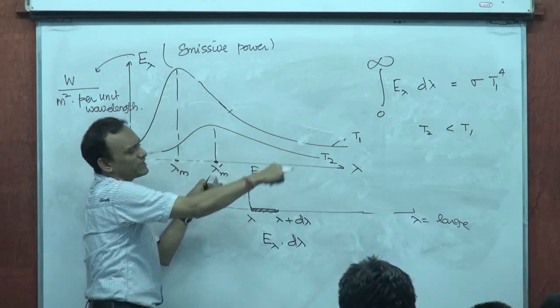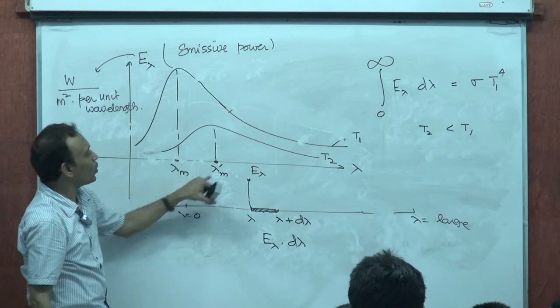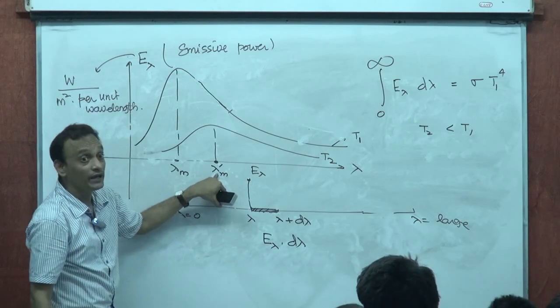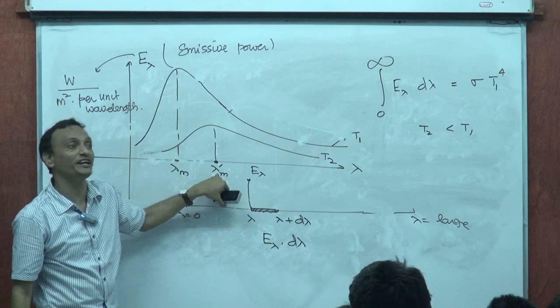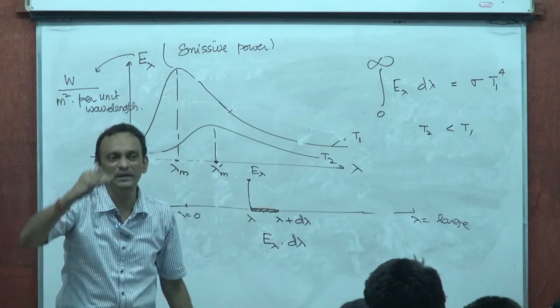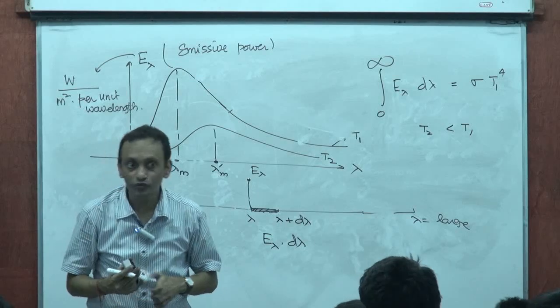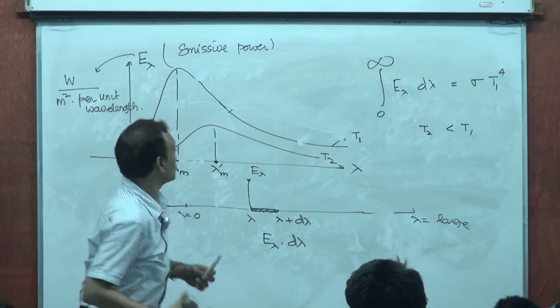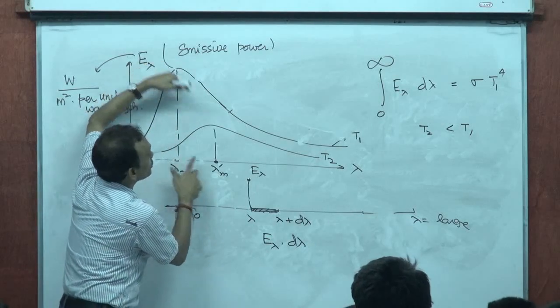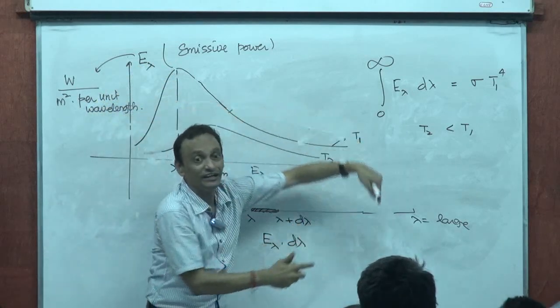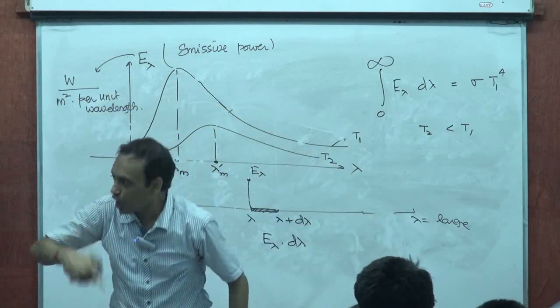As you go on decreasing the temperature, then at higher and higher wavelengths you find peaks of E lambda. If you decrease the temperature, then the maximum intensity is obtained for higher and higher wavelengths, that means for longer wavelengths.